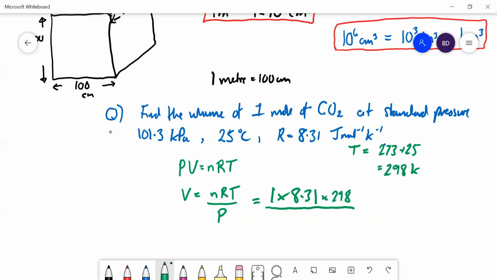We need to convert our kilopascals into pascals. So that's 101.3 times 10^3.